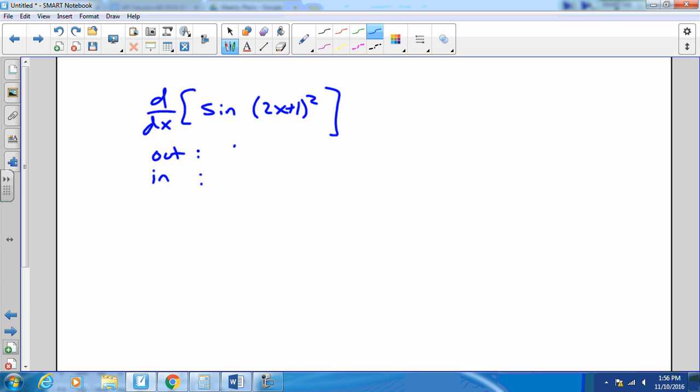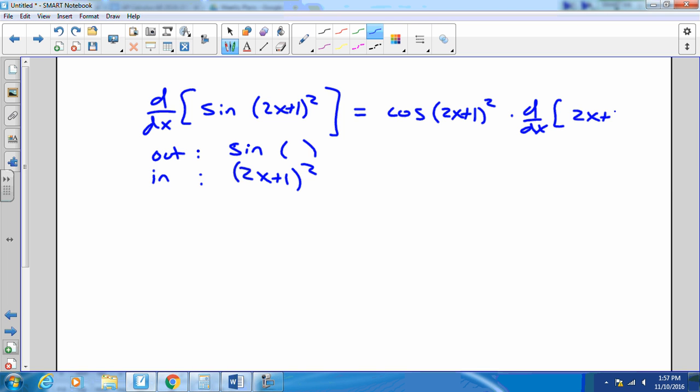When this is written like this, it means that the entire thing... Oh, sorry. Left side. And so we take the derivative of the outside times the derivative of the inside. Derivative of the outside is 2 sine times the derivative of the inside. And so the virtue of doing it in this manner, even though it's a little longer, is that it allows us to think clearly about outside and inside.